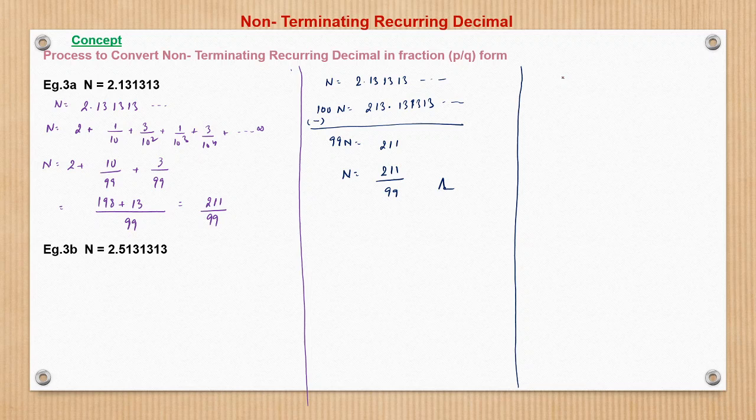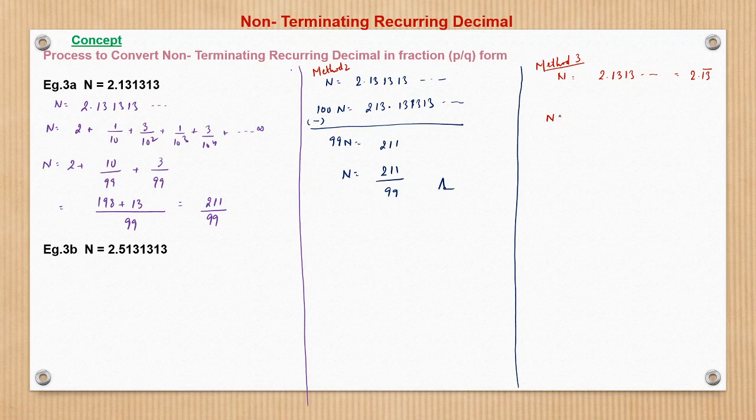Then the third method is formula driven. Take 2.1313 and so on. This we can write as 2.13 bar, right?